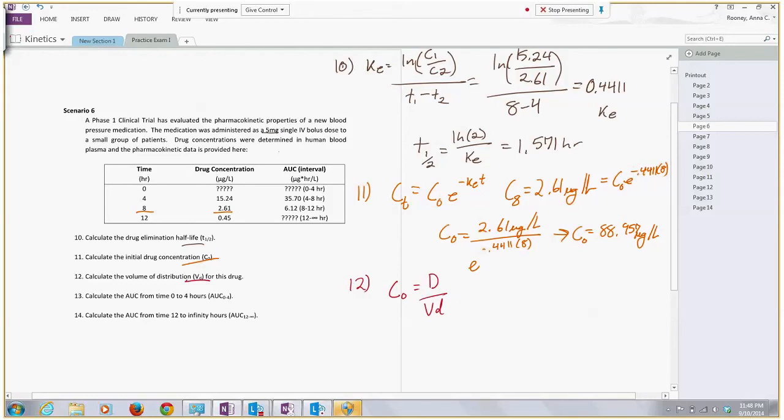The drug they gave us is 5 milligrams, but the concentration we have initially is in micrograms, so we're going to change that into micrograms really quickly. You're going to multiply 5 times 1,000, so you're going to get 5,000. That's all you're doing. So don't get scared when you see 5,000. It's nothing to be scared of.